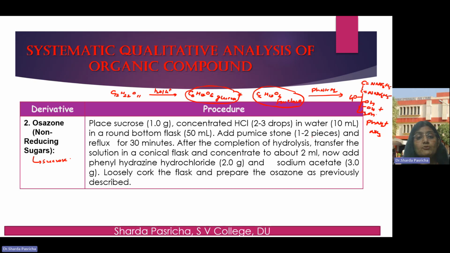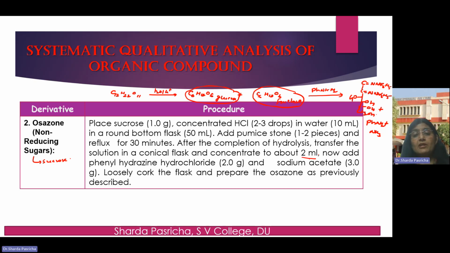Add 1 to 2 pumice stones and you reflux the contents using an air condenser for about 30 minutes. After that, you cool the contents, allow the contents to come back to room temperature. Transfer them to a conical flask and then you concentrate the content, boil the contents to about 2 ml.